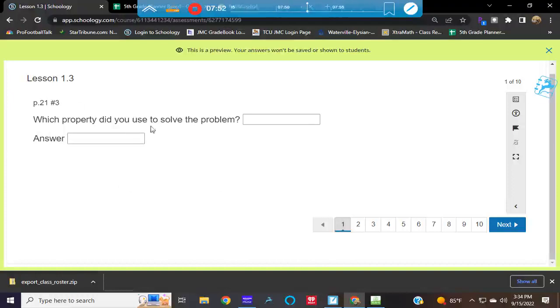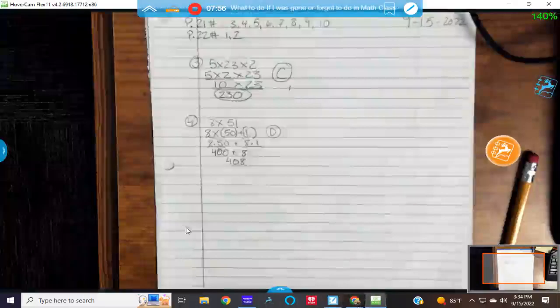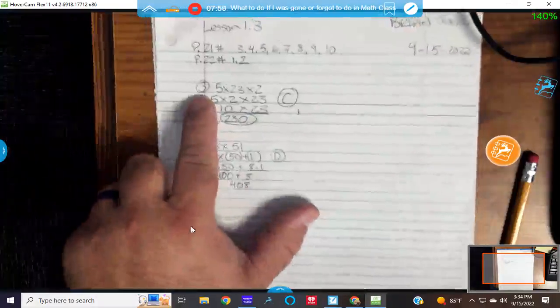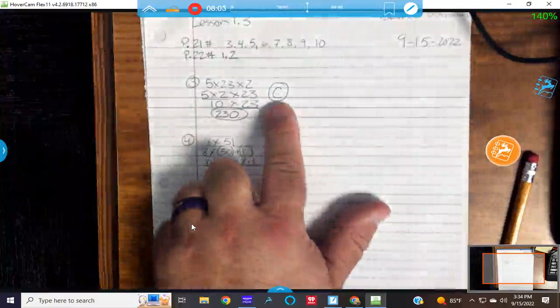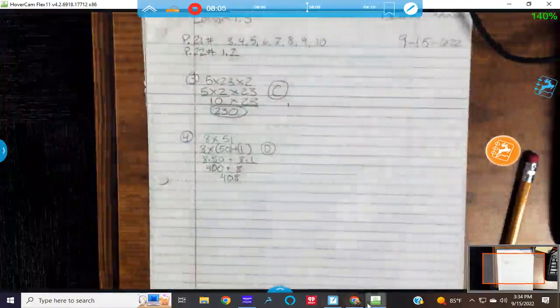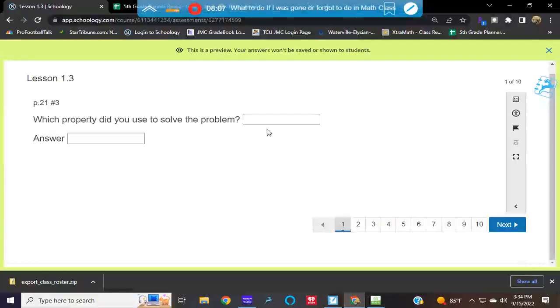So it says, which property do we use? Page 21, number 3. If I look at my loose leaf paper, here's page 21, number 3. My answer was 230, and I used my commutative property. So I'm going to go back to here, and I can say which property did I use? Commutative. And my answer was 230.